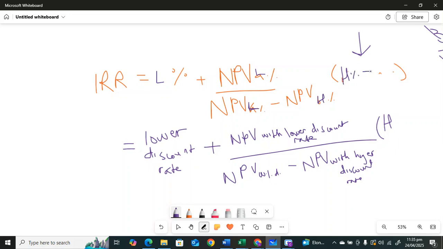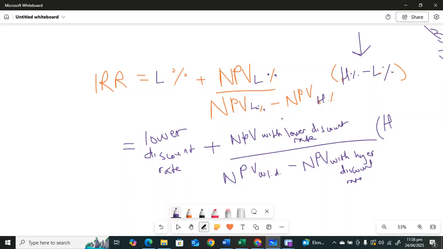H% is the higher discount rate. L% is the lower discount rate. NPVL, net present value with lower discount rate. NPVH, net present value with higher discount rate. Are we okay with that? When we see an L, we can think, okay, low.